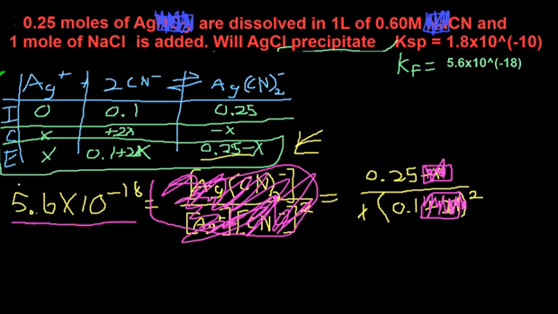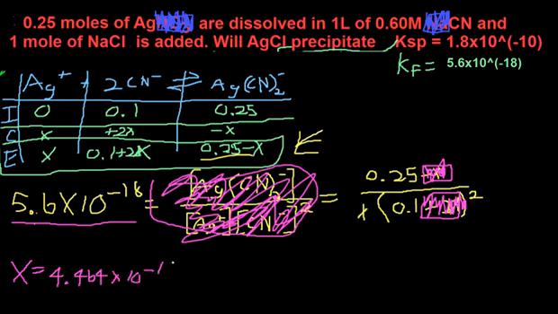So we're going to solve for x. I'm not going to put all my steps in here because I'm running out of room, but assuming I did my math right, we get 4.464 times 10 to the negative 19, which looks pretty good.